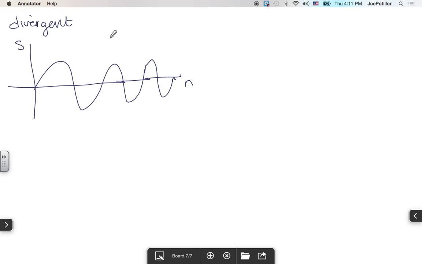And you'll notice that the sum keeps going between places. It's not making up its mind. It's doing something, but I don't know what exactly. That's a situation of divergence. We can call it oscillation if you'd like. The sequence can't make up its mind.